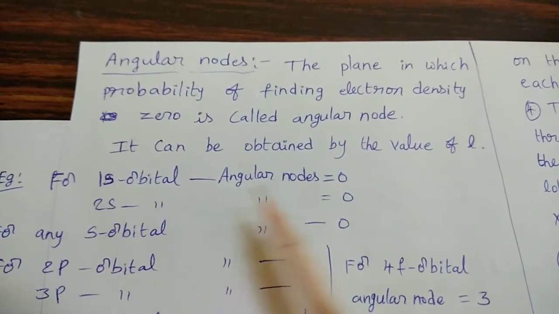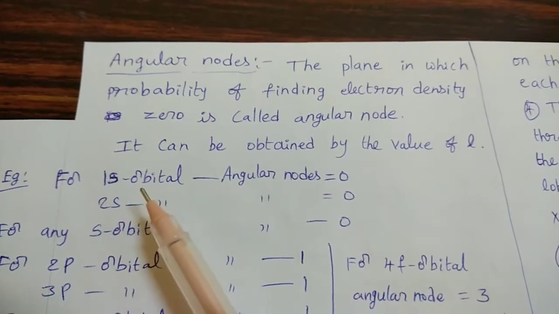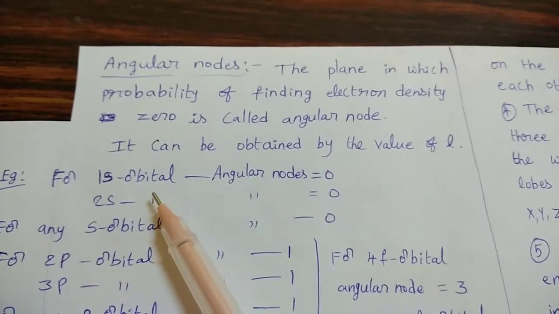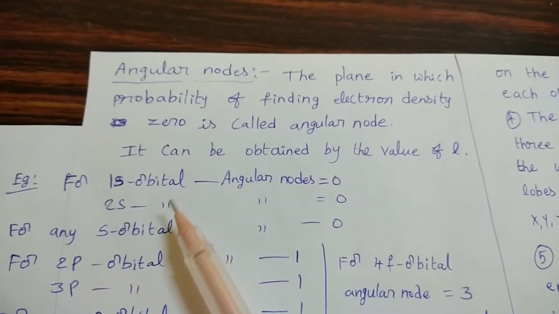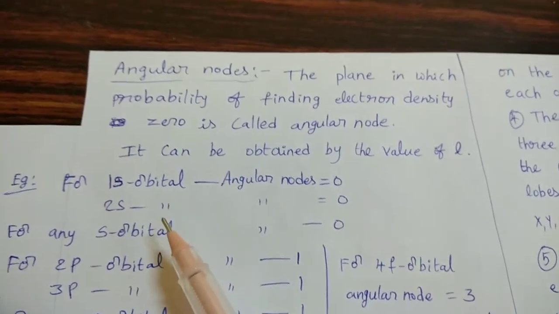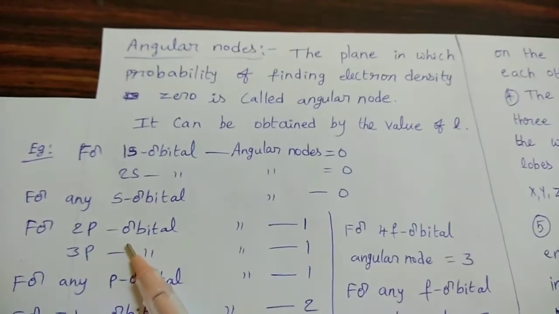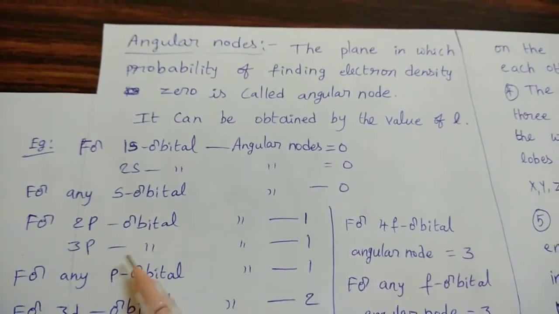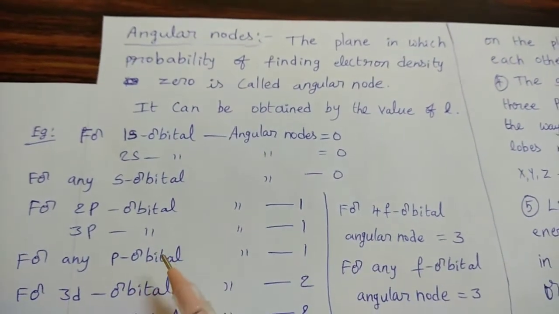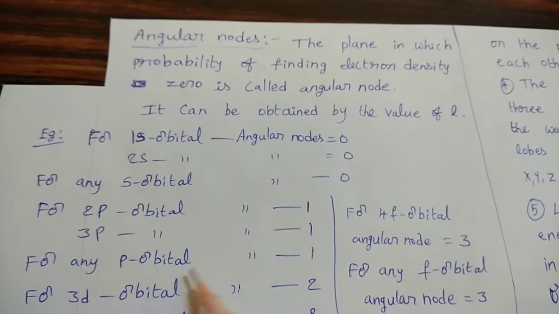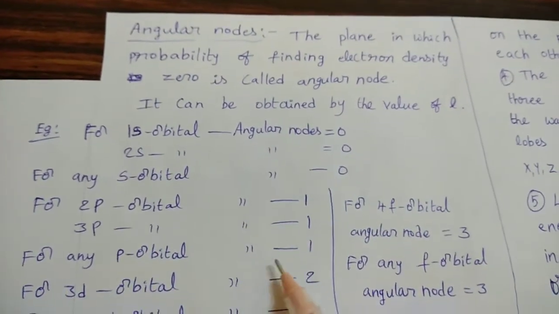Based on l value, we can say the number of angular nodes. For 1s orbital, angular nodes 0, because whatever the s orbital, whether it is 1s, 2s, 4s, 5s, any s orbital, the l value is the same, that is 0. So angular nodes 0. For 2p orbital, angular nodes 1, because for any p orbital, 2p, 3p, 4p, whatever the p orbital, l value is 1. So angular nodes 1.